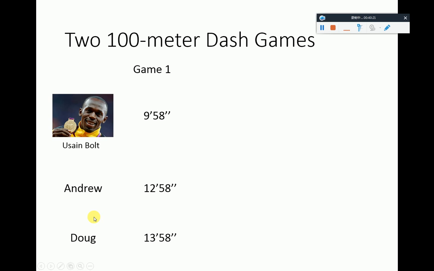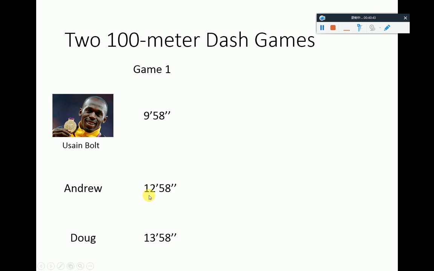Not surprisingly, in the first game, Mr. Bolt will be the fastest, right? That's Mr. Bolt's performance, 9 seconds and 58.